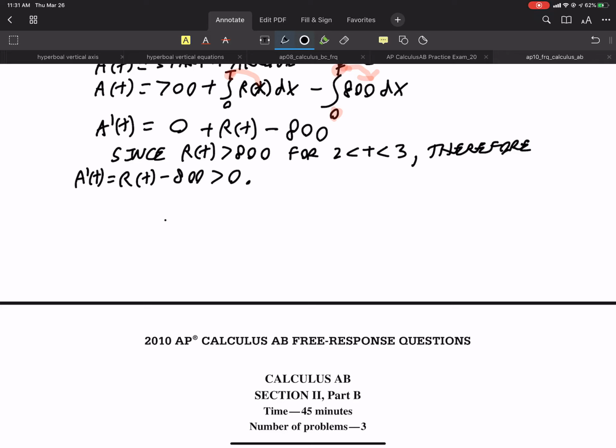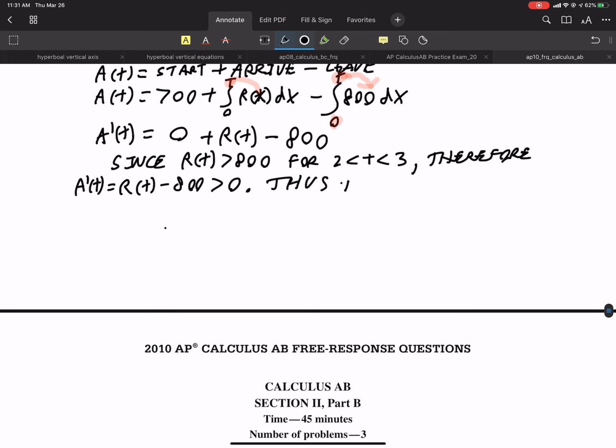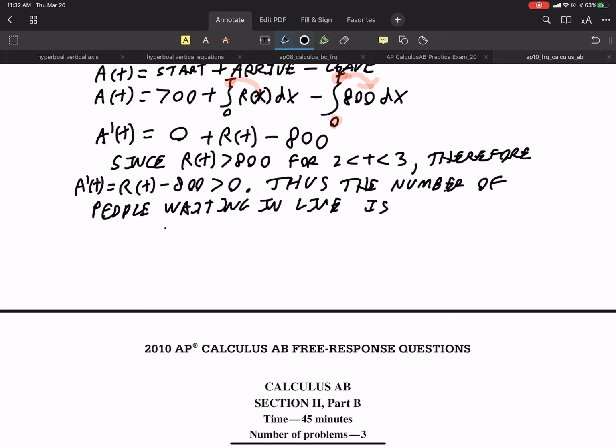So if the derivative is always positive, thus, you like my fancy words, the number of people waiting in line is increasing. Bam.